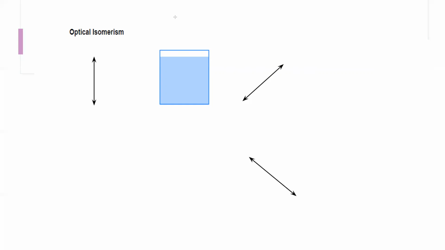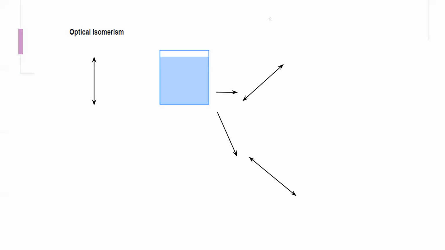So both possibilities are there. When light enters, it can rotate clockwise or anti-clockwise. So they are active to light, or optics. That's why we call them optical isomers. And an optical isomer only occurs for a molecule in which the carbon has four different functional groups, and that carbon is known as the chiral carbon.